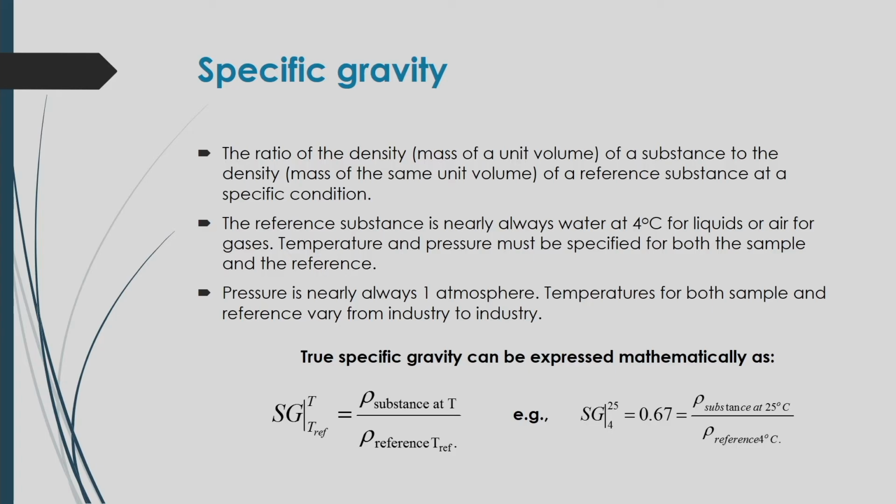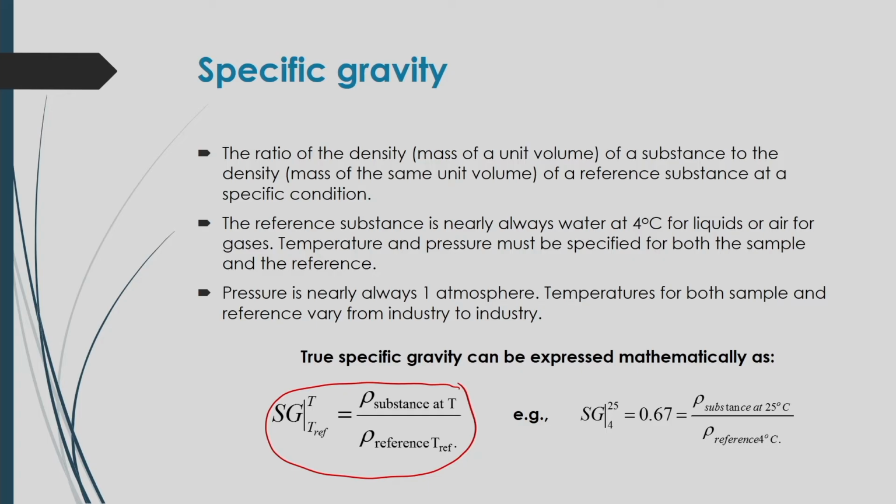Now, true specific gravity can be expressed mathematically by this equation: specific gravity at T reference to T will be equal to rho of the substance at temperature T and rho of the reference at the temperature of the reference material.